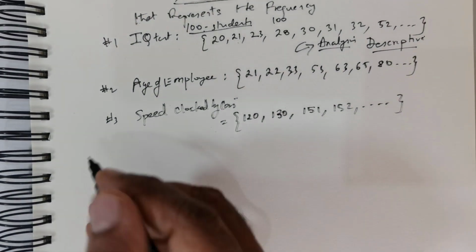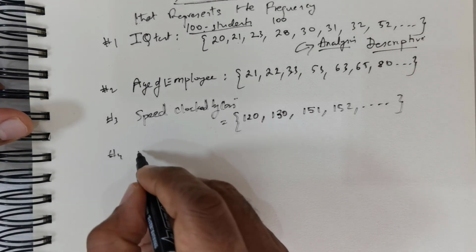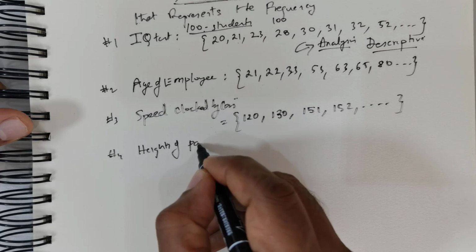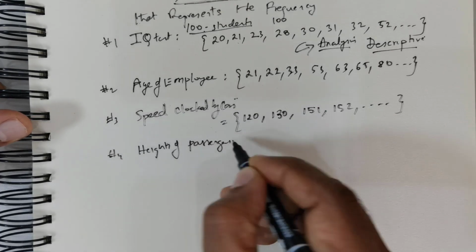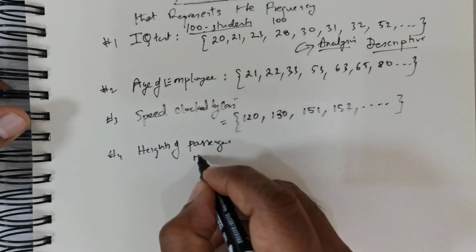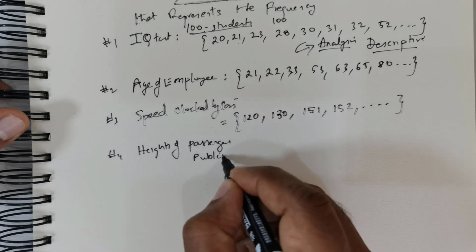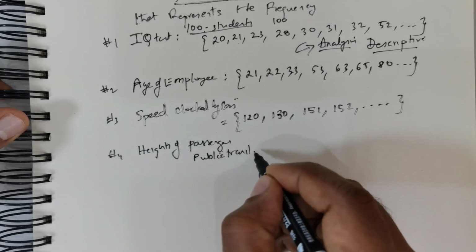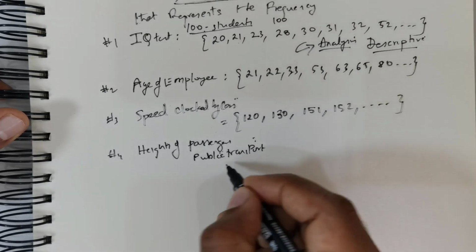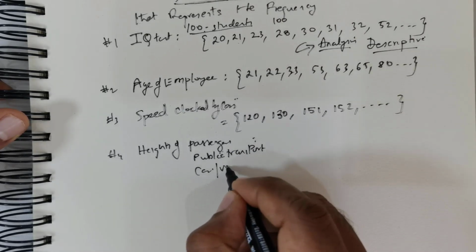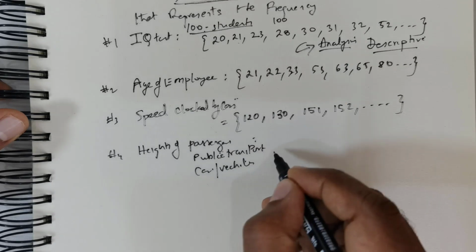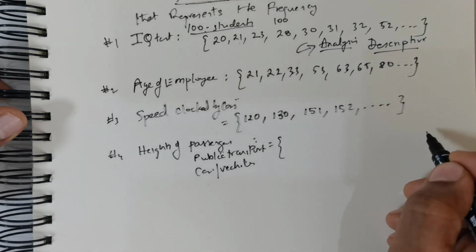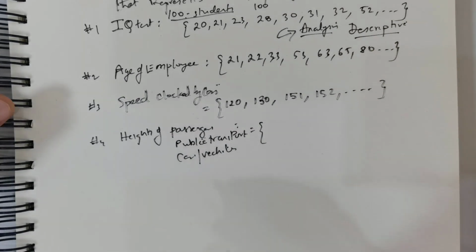And the next one can be the heights of passengers who are taking the public transport. Say the city wants to redesign its transport system, or redesign its transport cars or vehicles, and it is carrying out a study of the heights of the people who are entering its existing vehicles.